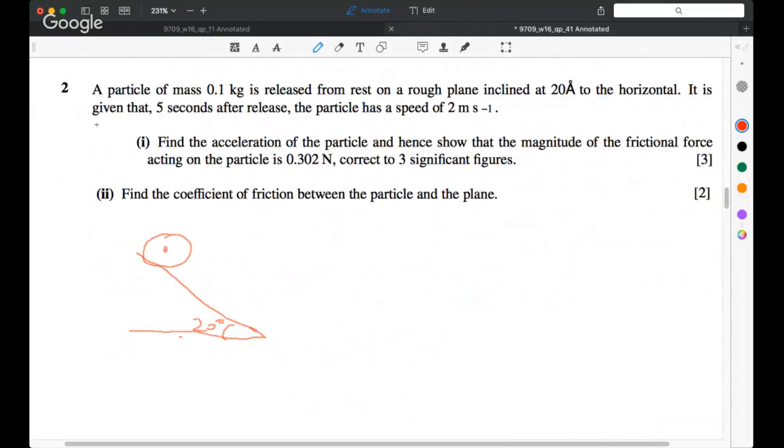Because we know the force that's causing all the motion is obviously gravity. But we'll have to resolve it into components: in this case, perpendicular to the plane and parallel to the plane.